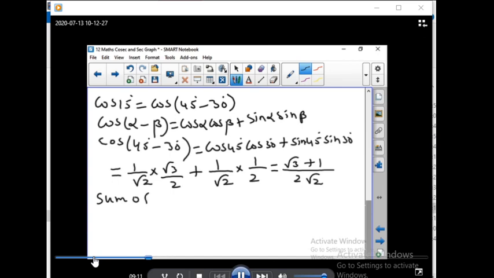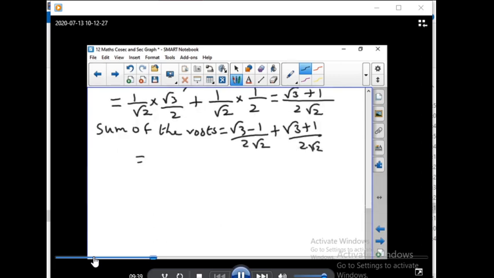So first we will find the sum of the roots. Sum of the roots is equal to (root 3 minus 1) by 2 root 2 plus (root 3 plus 1) by 2 root 2. So the LCM is 2 root 2.